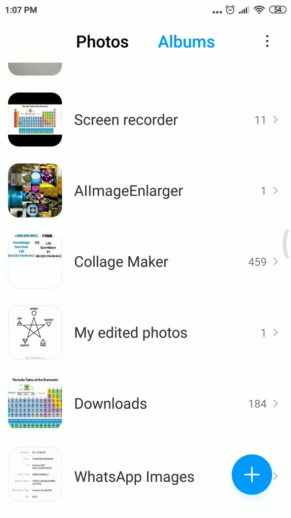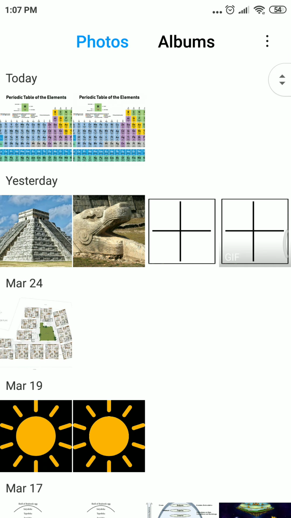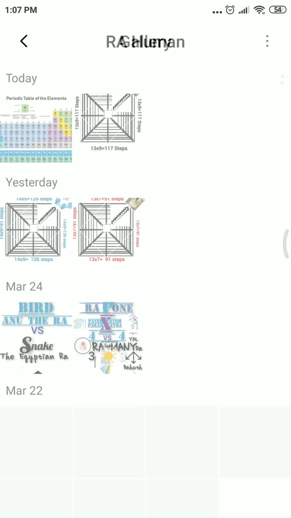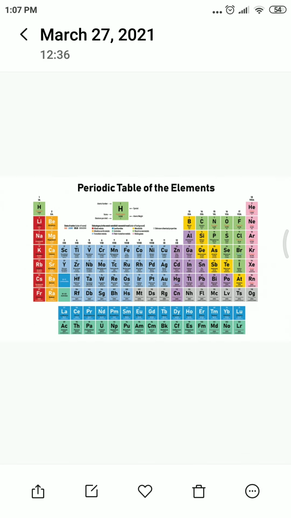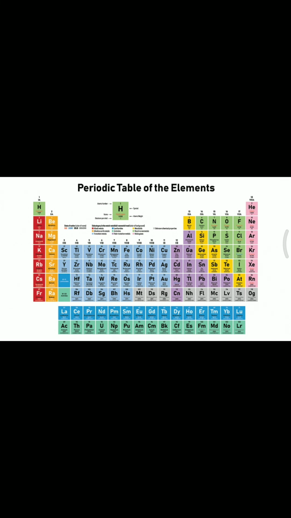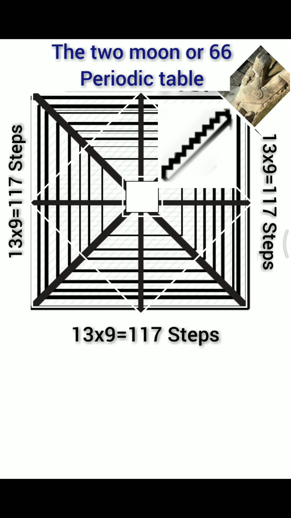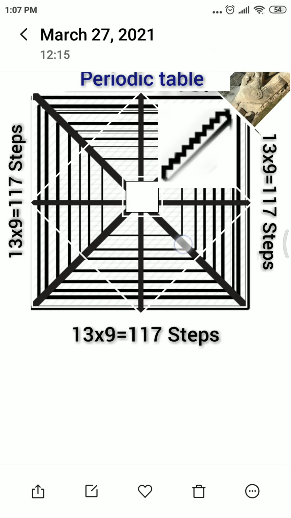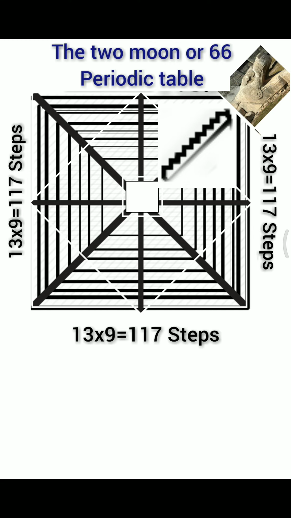So you can say this structure of the periodic table can be represented as the Chichen Itza pyramid. You see here why I mentioned 66: 66 is nothing but 2 into 33, and 33 is nothing but 3 raised to 3, which represents the moon.